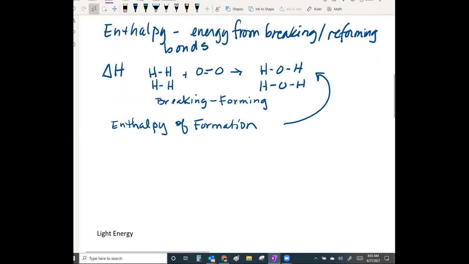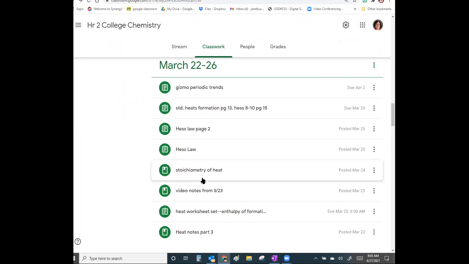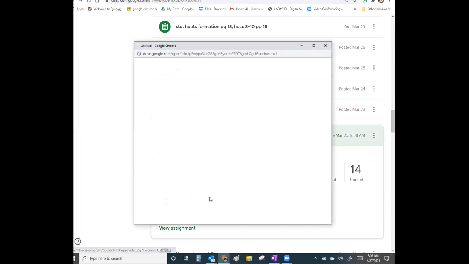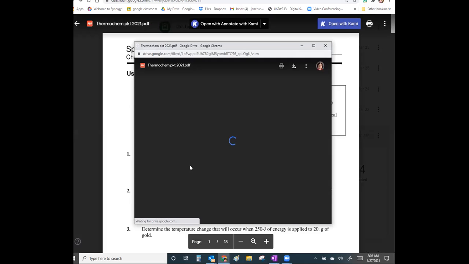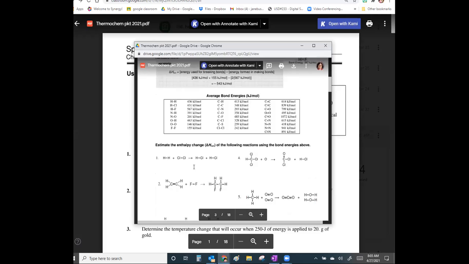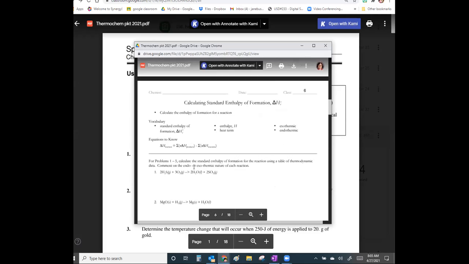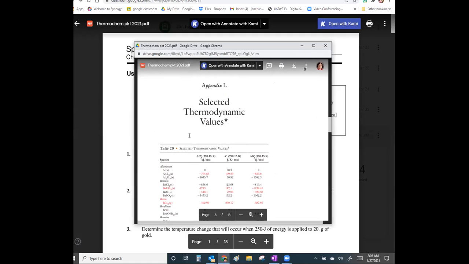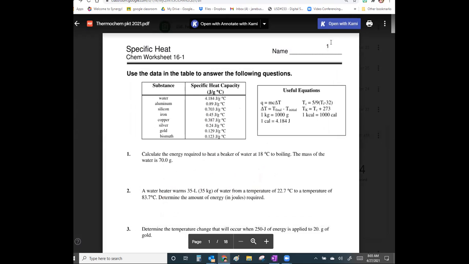And again, if we look at classroom and we look at this heat worksheet set, these are heats of formation. So this is the energy it takes to make 1 mole of each of these compounds. And it doesn't take any energy to make aluminum because aluminum is an element. You can't make it. Okay.